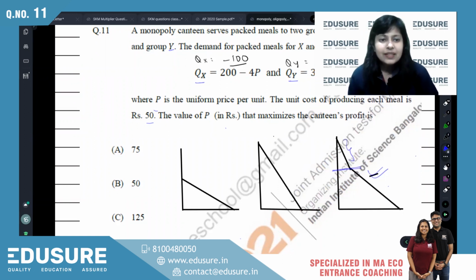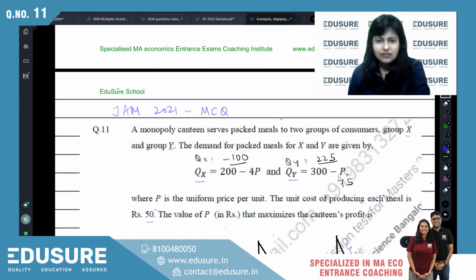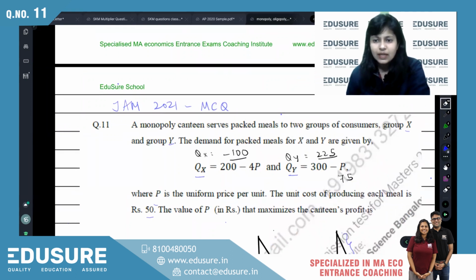So as a check, we have to make sure that we are not operating on the part of the market demand curve where only one market was being served, and both markets were not being served. In this case, Q is negative in the first market, which means the first market is not being served, only the second market is being served.